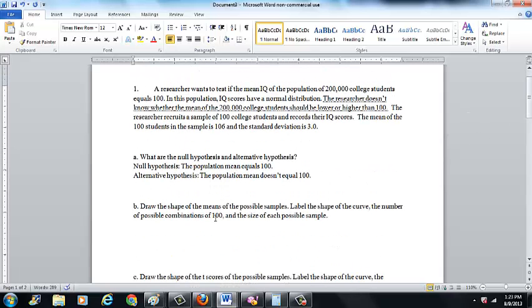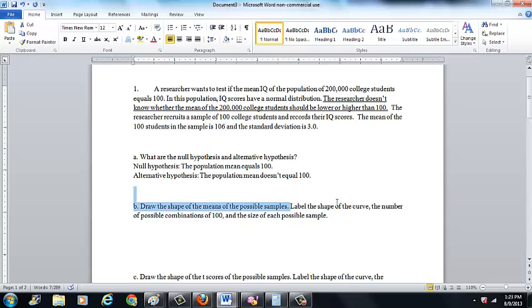This one is the same question that says to draw the shape, label the curve, and label the number of combinations. You can find that with the combination calculator, and label the size of each sample by putting a number in each box.